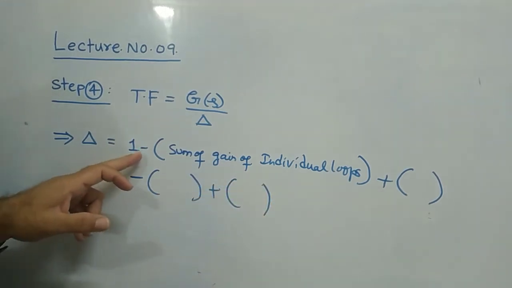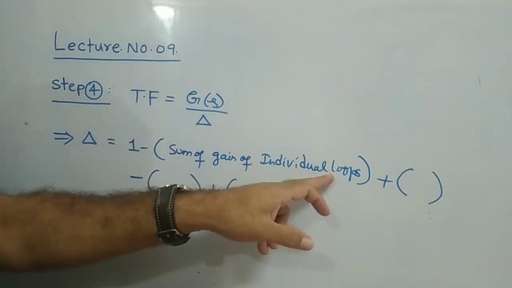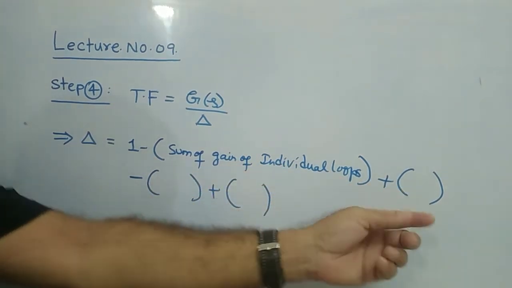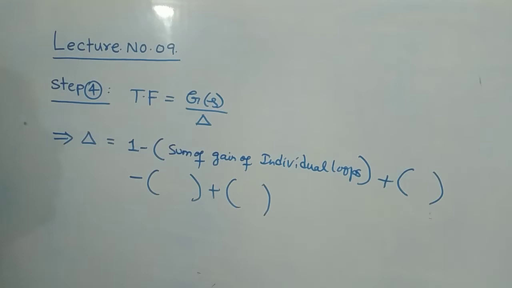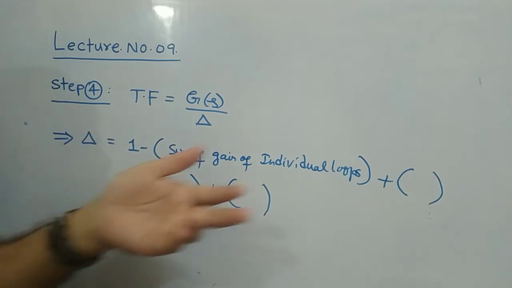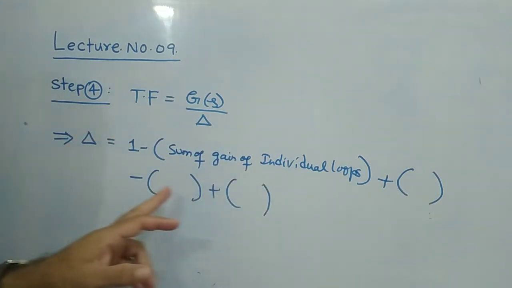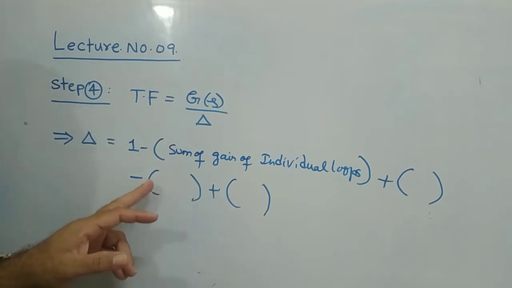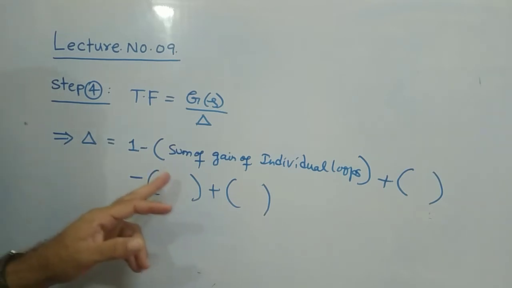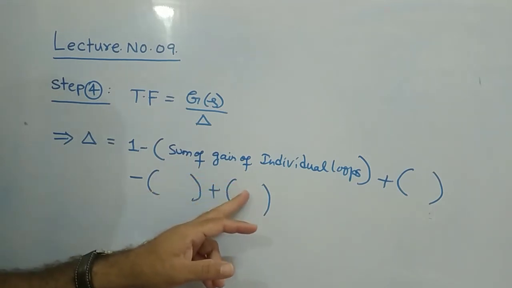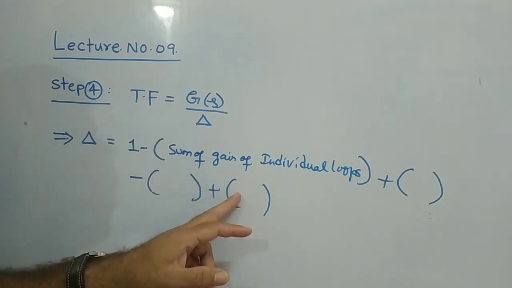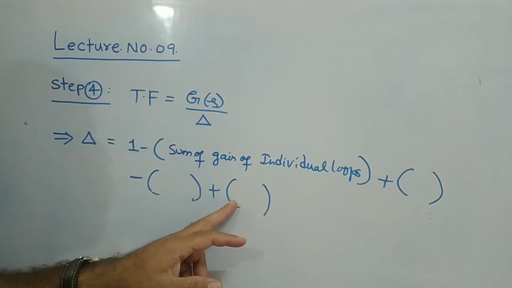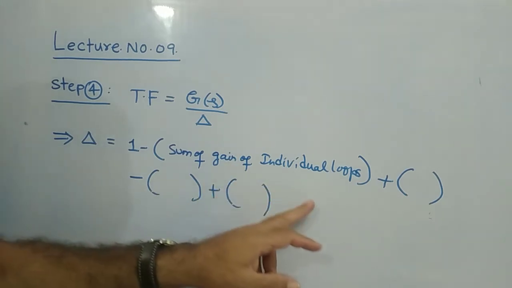So 1 minus the sum of gains of individual loops, plus the sum of the gain products of all possible combinations of two non-touching loops, minus the sum of the gain products of all combinations of three non-touching loops, plus the sum for four non-touching loops, five non-touching loops, and so on.